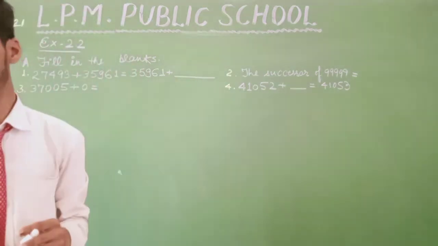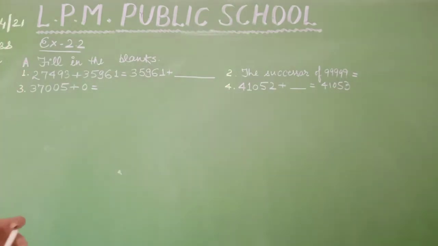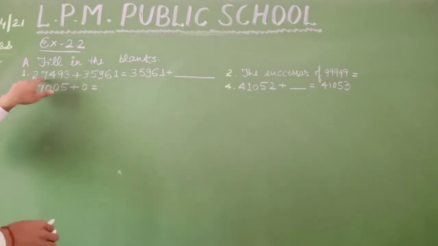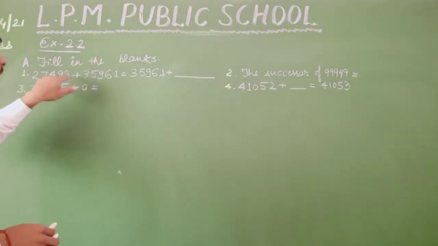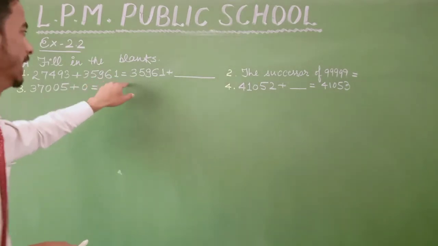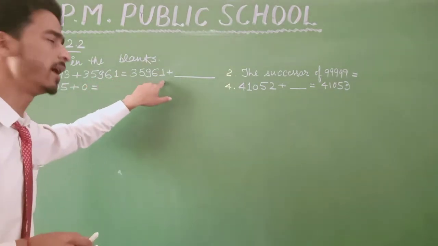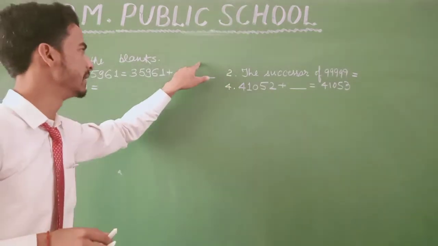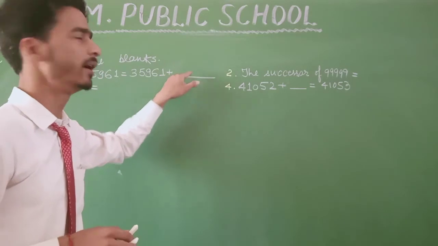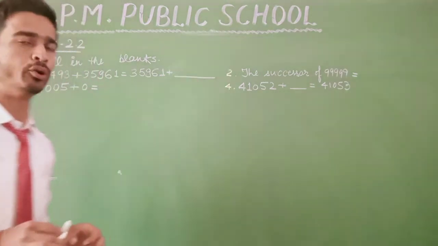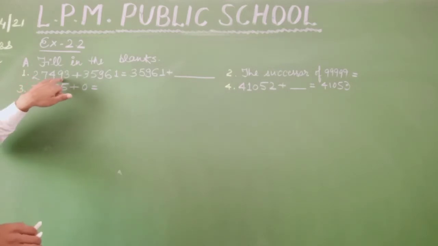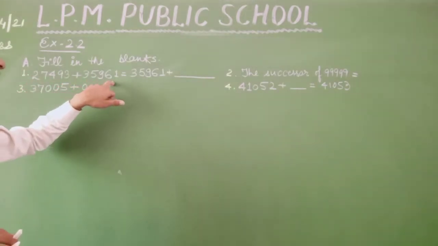Let's start. The first question is given here. You can see that it is fill in the blanks. It is given 27,493 plus 35,961 gives out 35,961 plus blank. What will be in this blank?